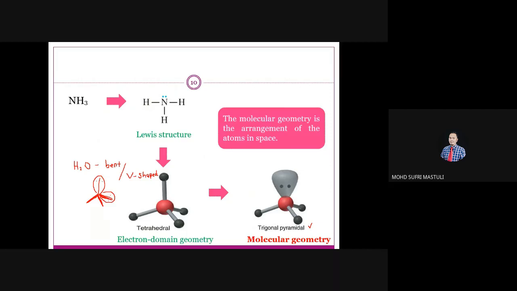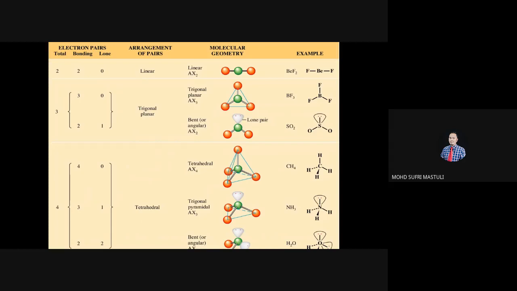So the number of lone pairs will determine the molecular geometry. For this tetrahedral, one lone pair is trigonal pyramidal, two lone pairs is bent. So we're going to recognize the molecular geometry with respect to the number of lone pairs.